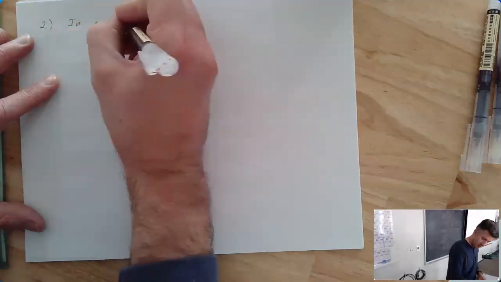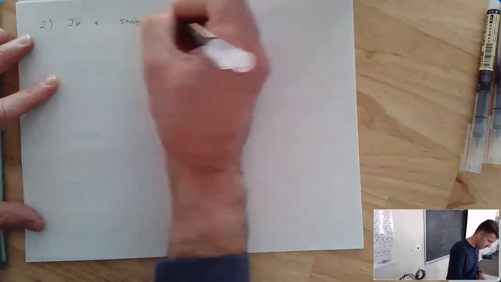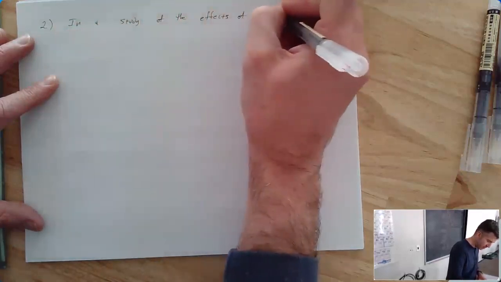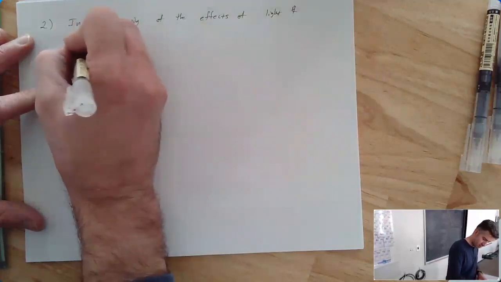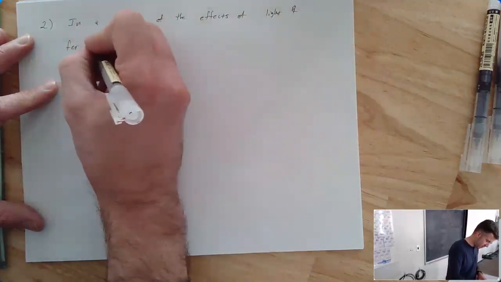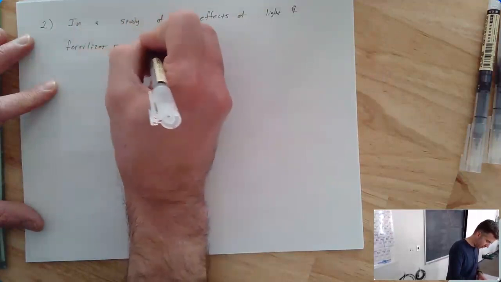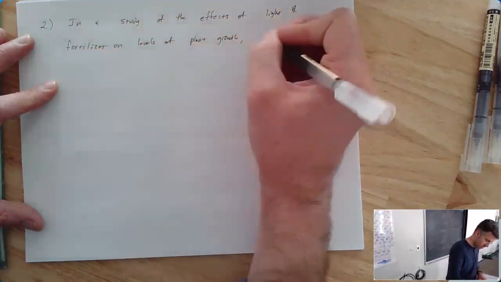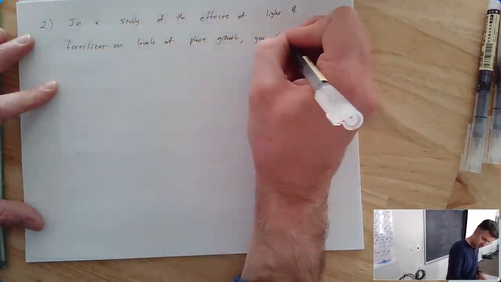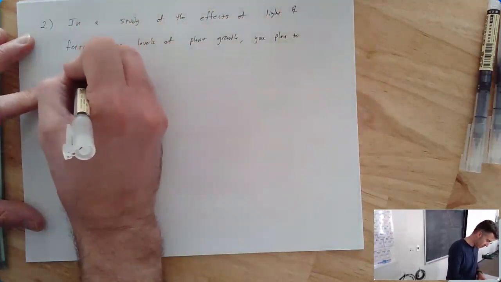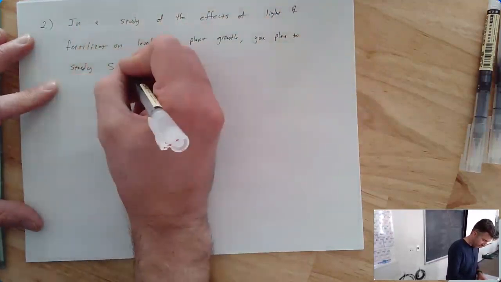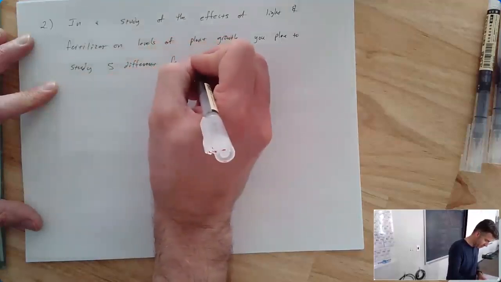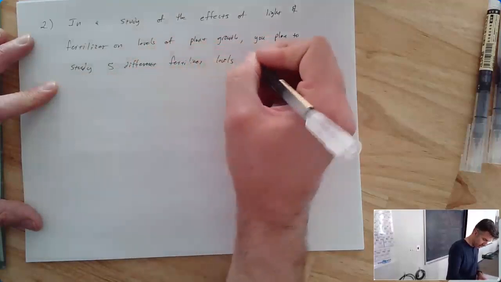Let's say in a study of the effects of light and fertilizer on levels of plant growth, you plan to study 5 different fertilizer levels and 3 different light levels.